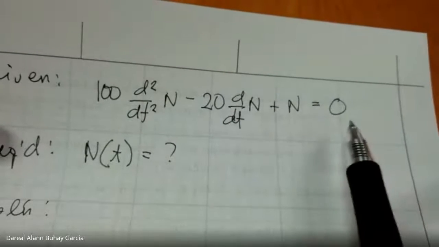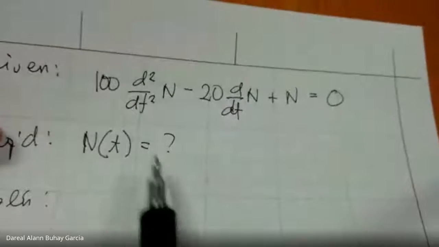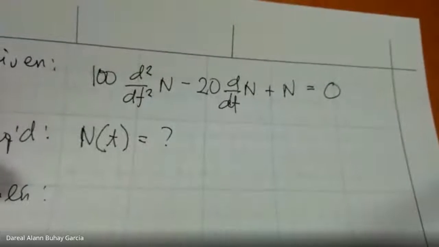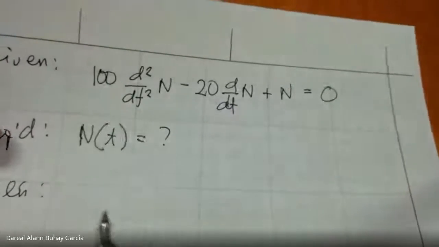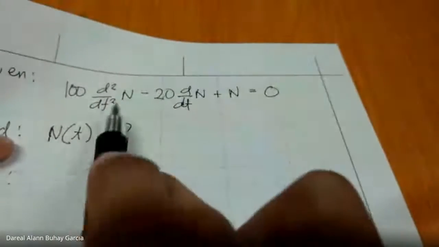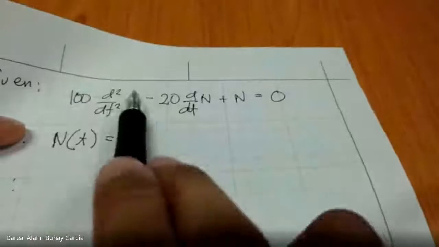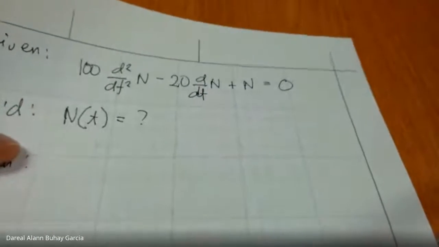We are just lucky today because it is homogeneous. It is better to convert it into standard form by dividing everything by 100, so the highest derivative has a coefficient of 1.